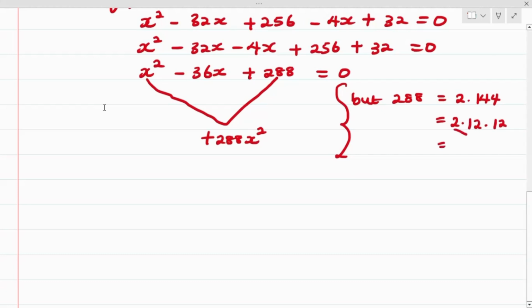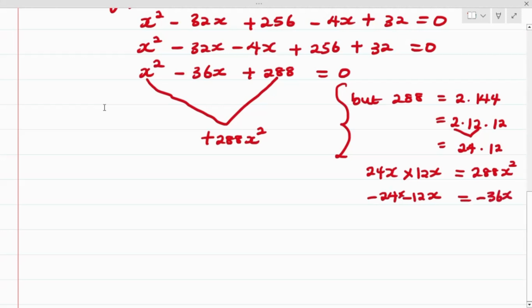So this equals 2 times 12 is 24 multiply 12. So that is to say, if we have 24x times 12x, this equals 288x squared. And if we have minus 24x minus 12x, this equals minus 36 what? x. So hence, we have this to be what?